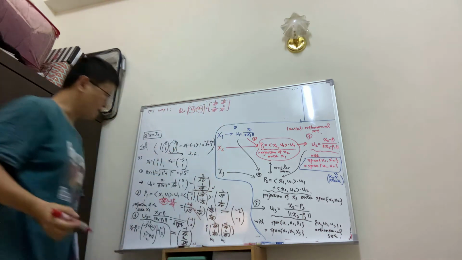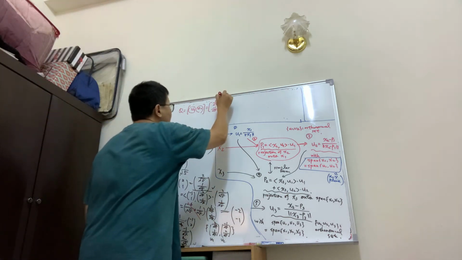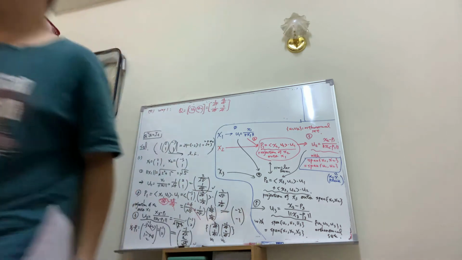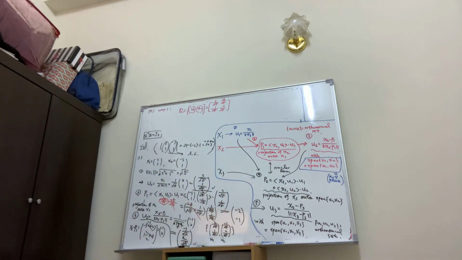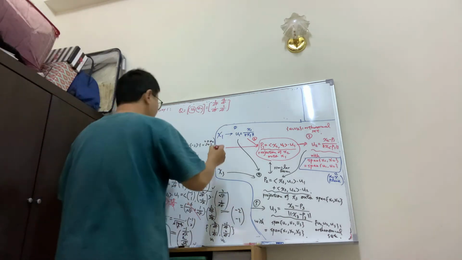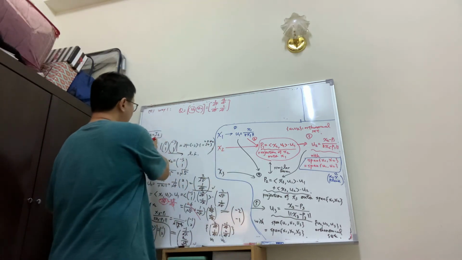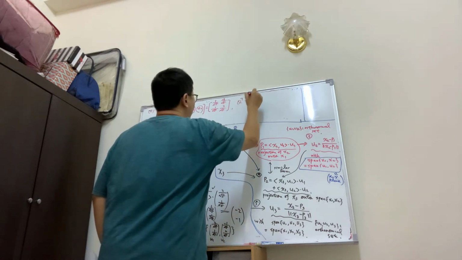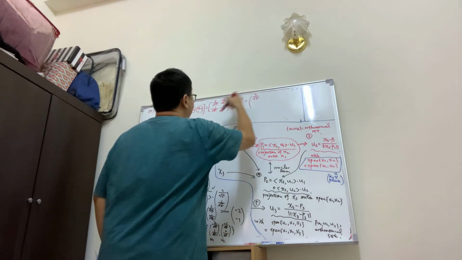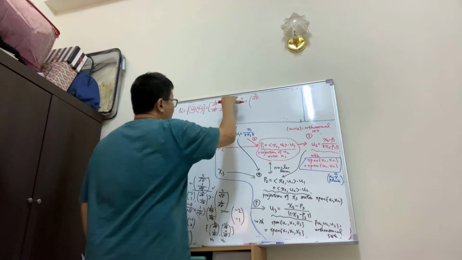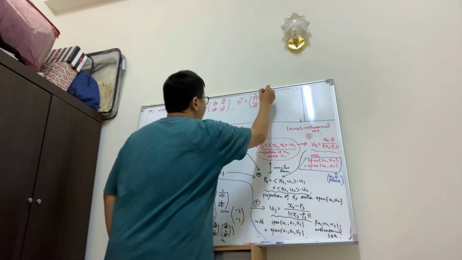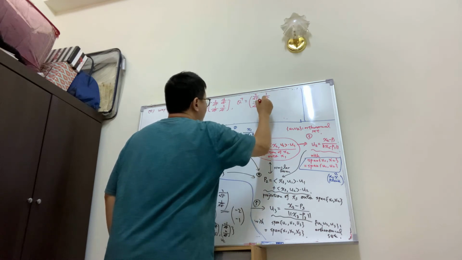Now we want to show orthogonal means Q transpose Q equals identity. Q transpose: the first column becomes the first row, so 2 over square root of 5, 1 over square root of 5 in the first row, negative 1 over square root of 5, 2 over square root of 5 in the second.